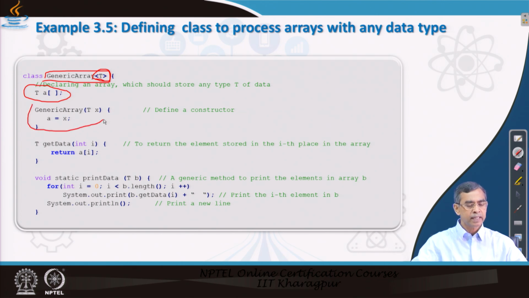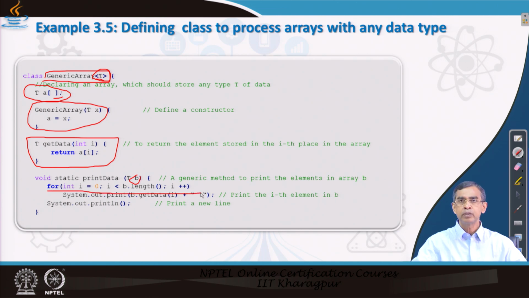Then this is the constructor, it is same as the earlier one, and then this is the one method we just want to have, so that it can access any element in this array using this method. So, getData(int i) means it will return the ith element which is stored in the array, and then printData basically prints each element of the array, from 0 to the length of the array.